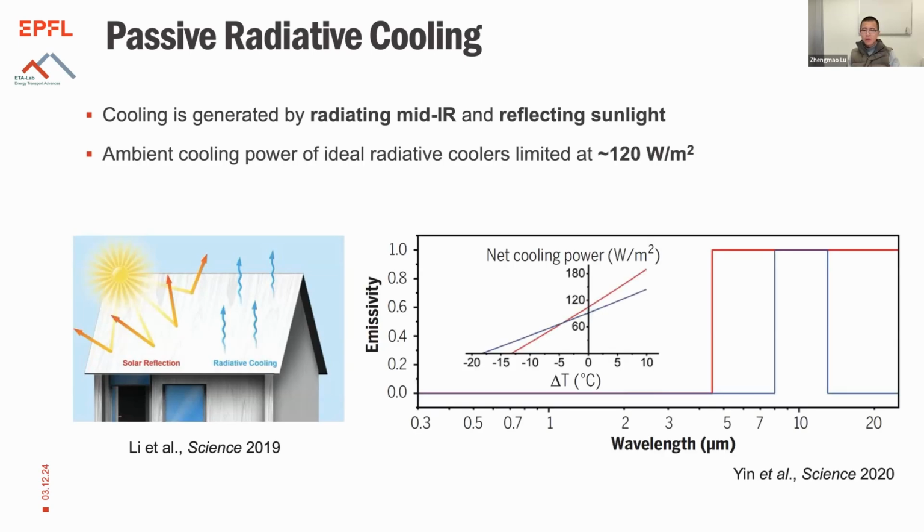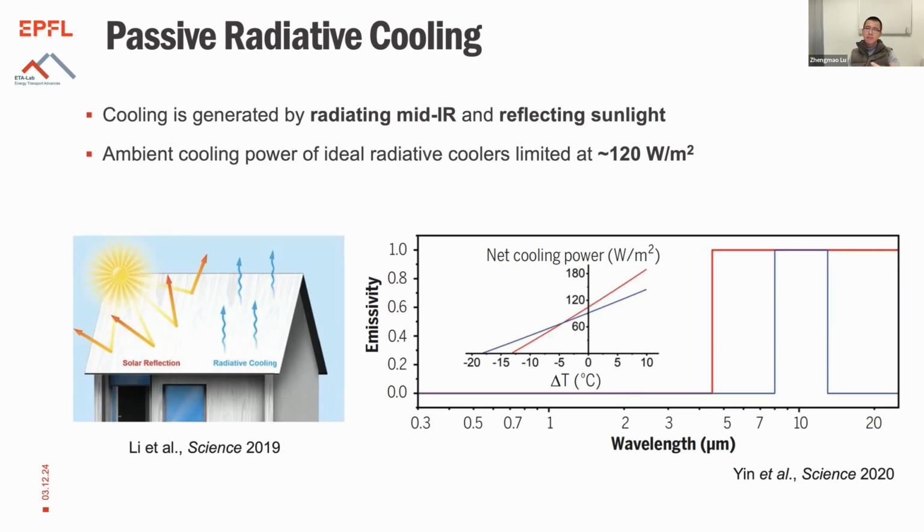And in 2020, there was this review paper calculating the radiant cooling power for an ideal radiant cooler that is totally solar reflecting and totally IR emitting. And even with that condition, we see that, at least at the ambient temperature, the cooling power is still limited to 120 watts per meter square.